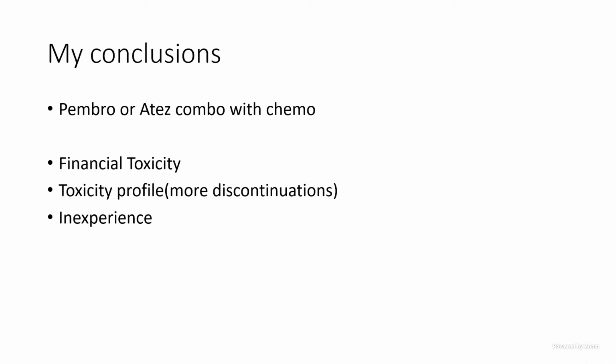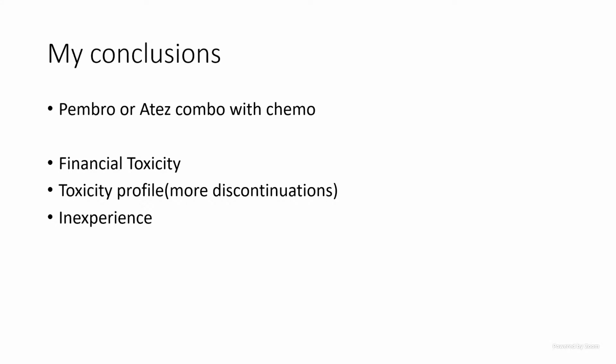So now what we need to think over is whether this is a combination which has to compete with pembro plus chemo or atezolizumab plus chemo or the ABCP arm. So why should we consider a doublet over this? As per my understanding, most of us are not using doublet IO because of financial toxicity.